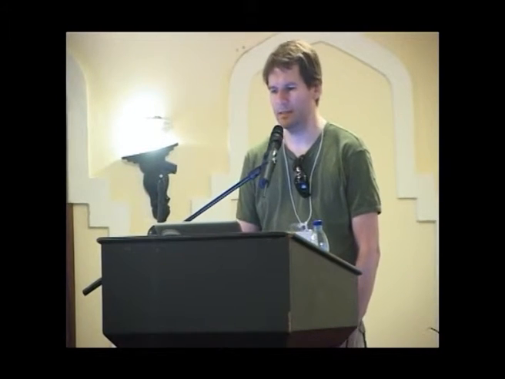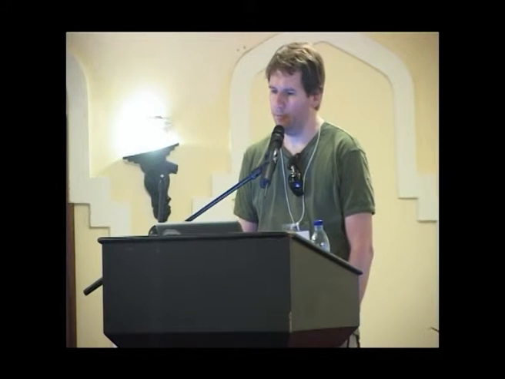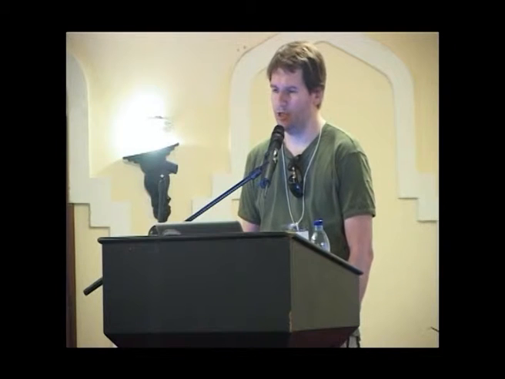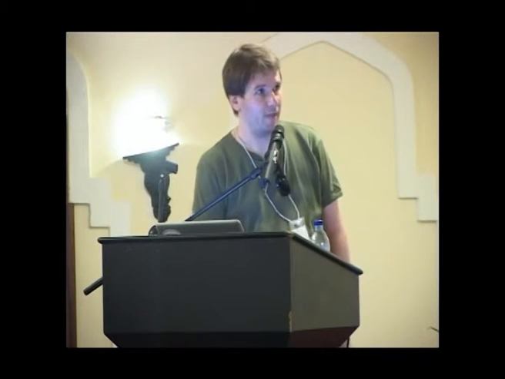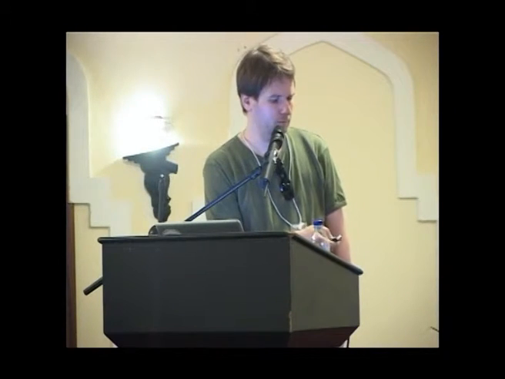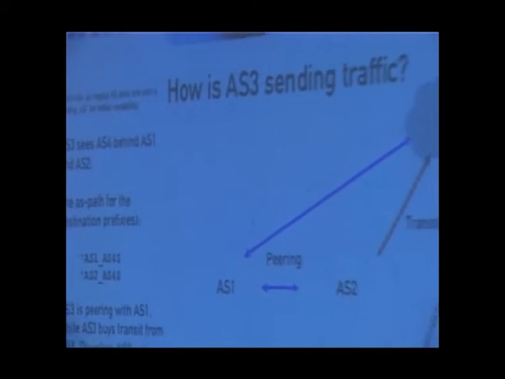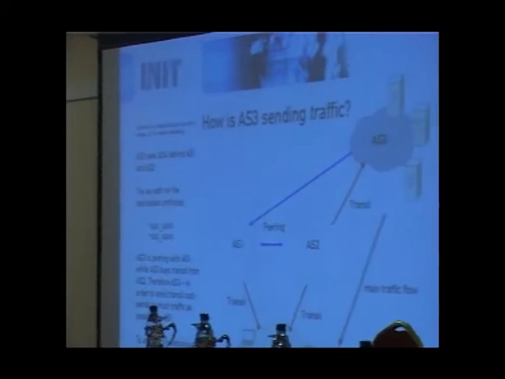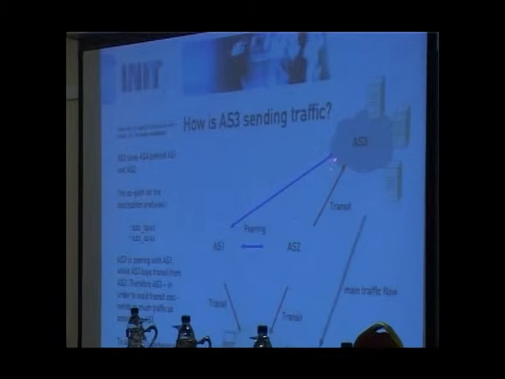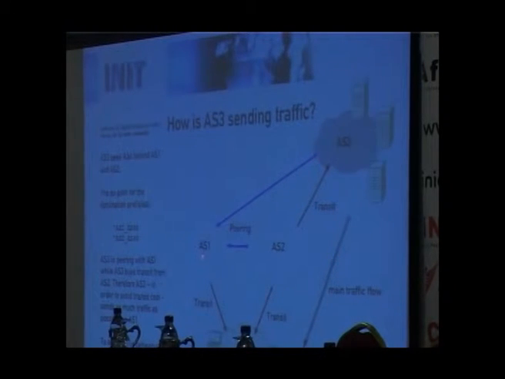So how can you load balance this? AS3 prefers the path via AS1 because it's a peering link, so it's cheaper for them. They see this as a peering, and this is cheaper for them, so they set a higher local pref and exit all the traffic towards AS1.